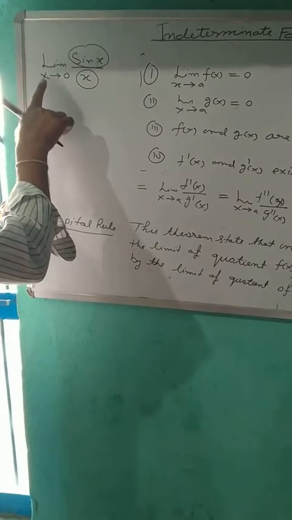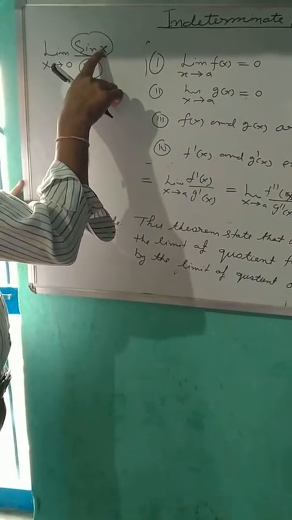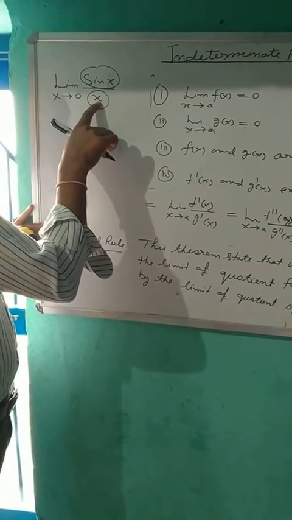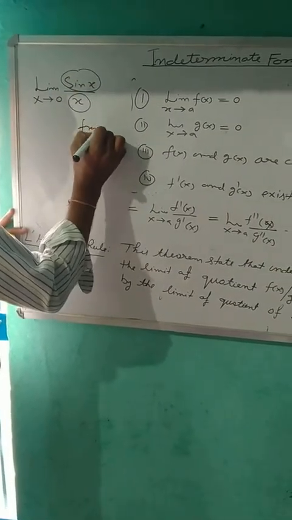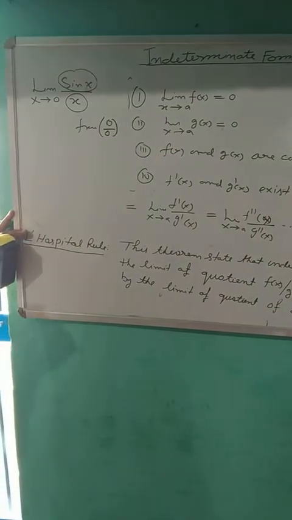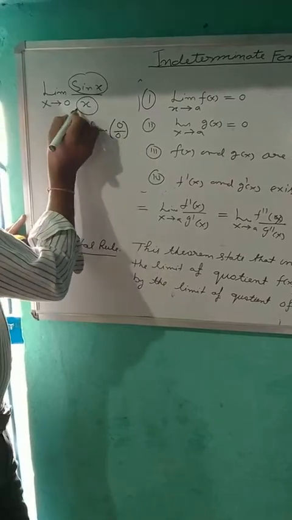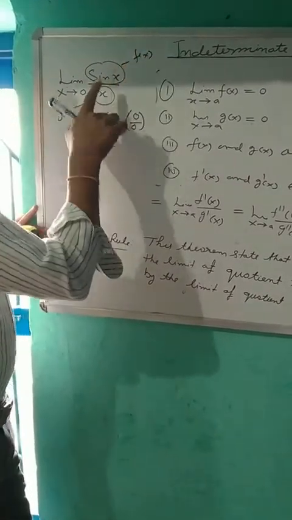When we take x tends to 0, sin 0 equals 0, and in the denominator we also get 0. So the form of this function is 0 upon 0. This is an indeterminate form, where the numerator is f(x) and the denominator is g(x).